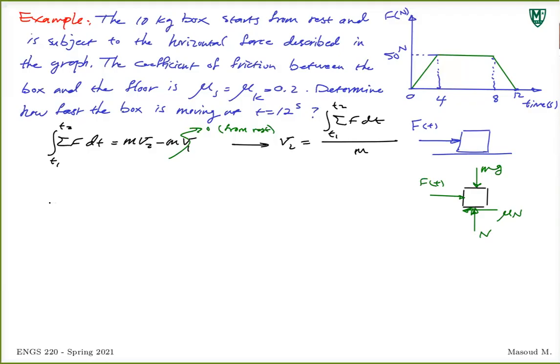So with that, I'm going to calculate friction. I didn't put Fk or Fs because mu s and mu k are the same. Mu N. Now N is mg. So mu mg. That becomes 0.2. M is 10 kilograms times 9.81.